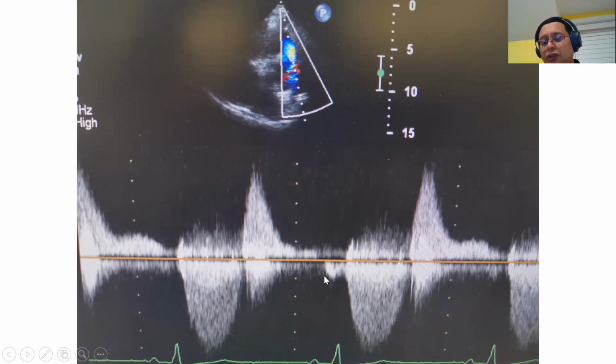Another thing that is important to see, you look at this forward flow during atrial contraction. So this forward flow means that at the end of diastole, when the atrium contracts, because the RV pressure is so high, that contraction of the atrium pushes the blood from the right ventricle to the pulmonary artery even before the start of systole.